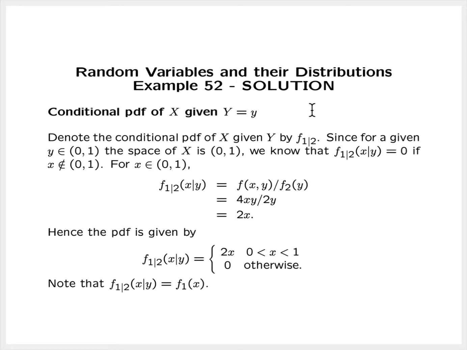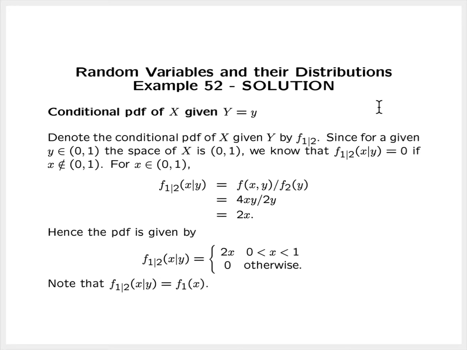And so first we'll find the conditional PDF of x given y. So denote the conditional PDF of x given y in the usual way. f in the subscript, we've got 1 given 2, and this corresponds to the first variable, conditional or given the second.